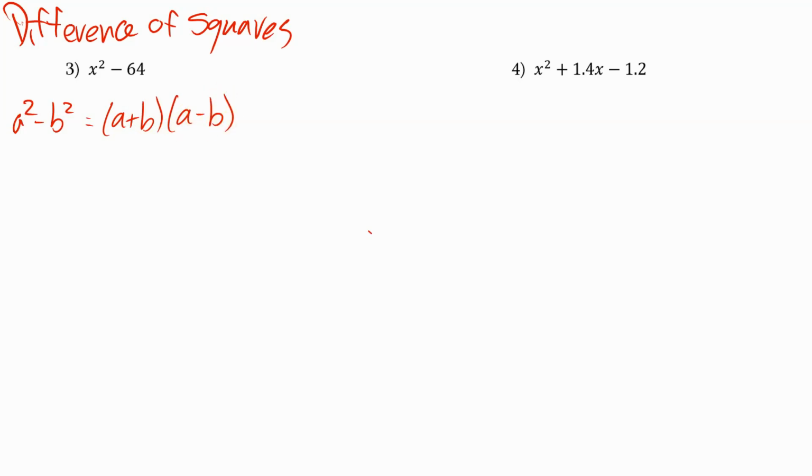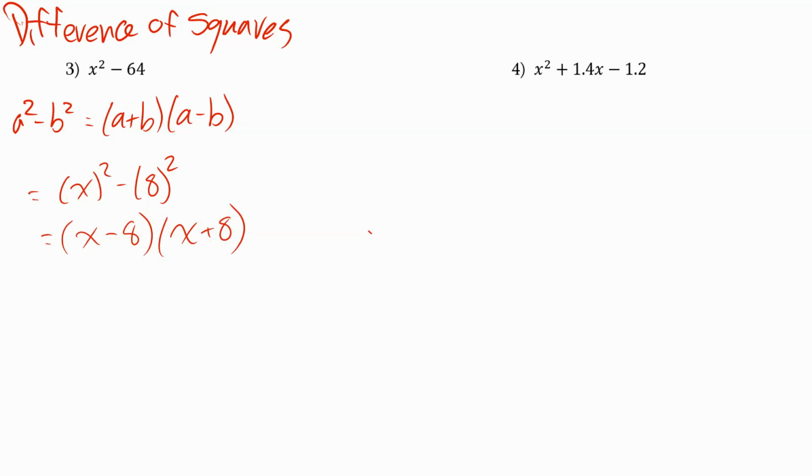So in this case, we have our a squared is actually our x squared minus the square root of 64, 8 squared. So we have our a squared minus b squared. So the answer to this will be a minus b and a plus b.